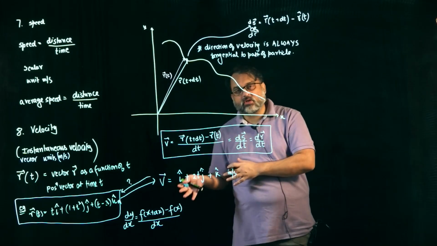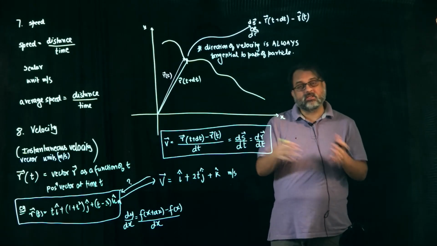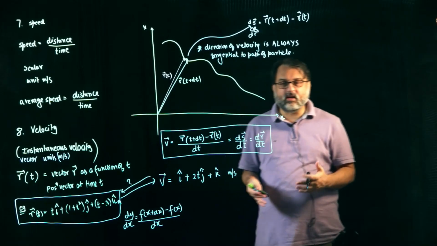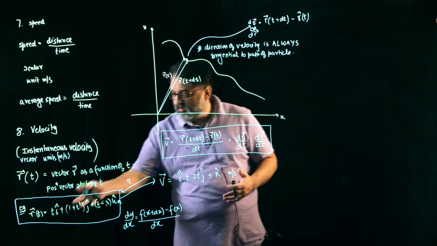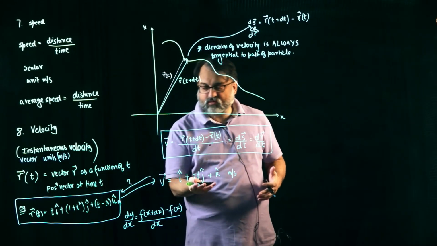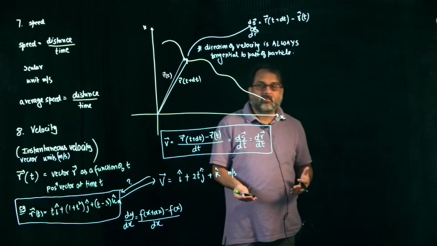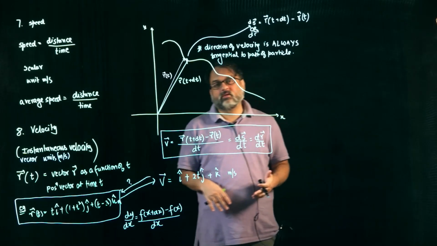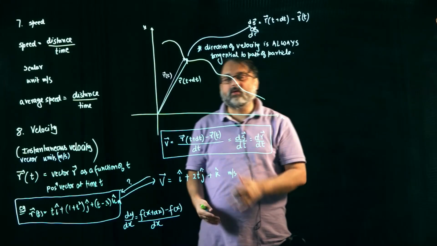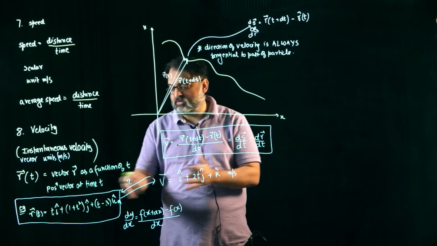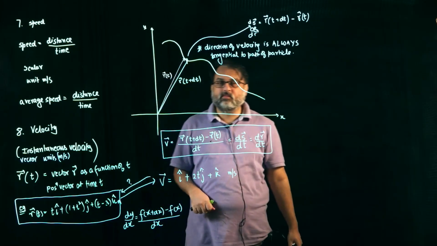So differentiation का inverse process integration होता है. We know that, we have studied that. And if from the position vector as a function of time we are getting the velocity vector by differentiation, then by integration of the velocity vector we are inverting the process, and therefore integration of this should take me back to the position vector, right?